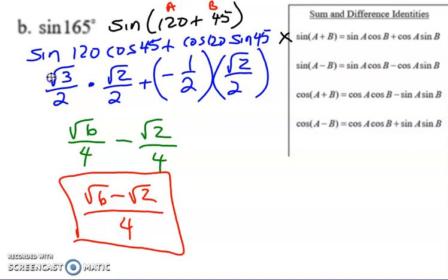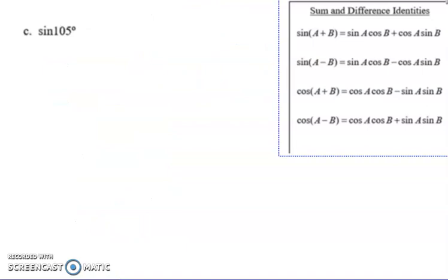Alright, now let's look at C. We have the sine of 105. So now let's do a difference. So let's do sine A minus B. So for 105, we're going to do the sine of 135 minus 30.